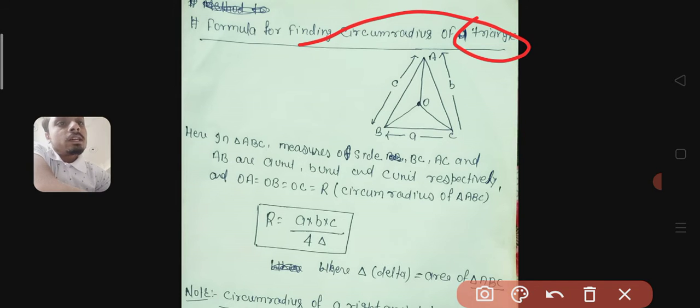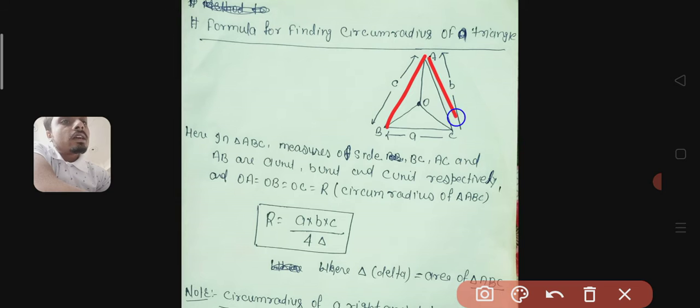Draw triangle ABC, and OB, OC and OA are circumradii of this triangle. Here are the measurements of all three sides of triangle ABC: BC is a, AC is b, and AB is c.